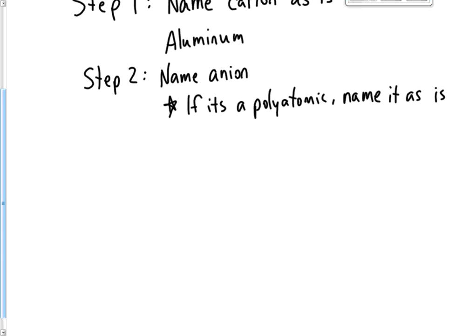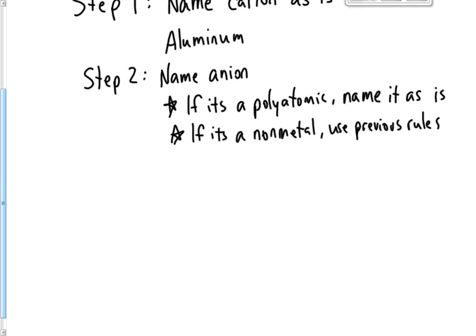If it's a phosphate ion, say phosphate. If it's a phosphite ion, say phosphite. And there is a difference. If it's a non-metal, use these rules, the root and IDE. Okay, so we're going to look at some examples of each one.